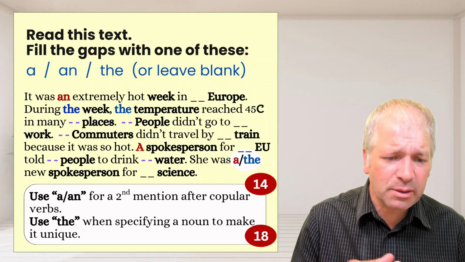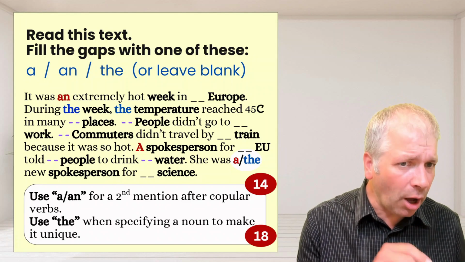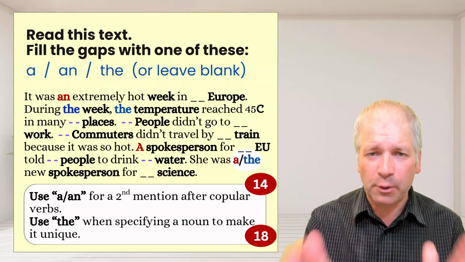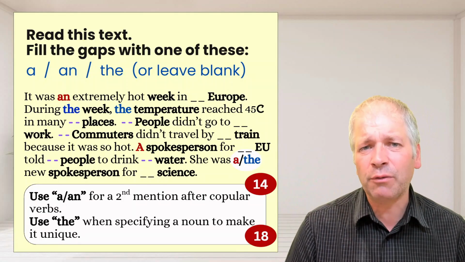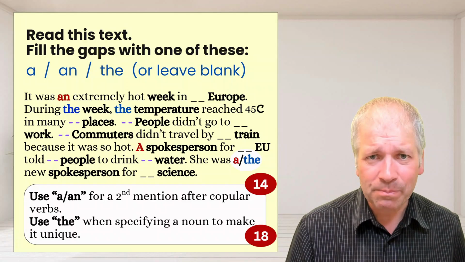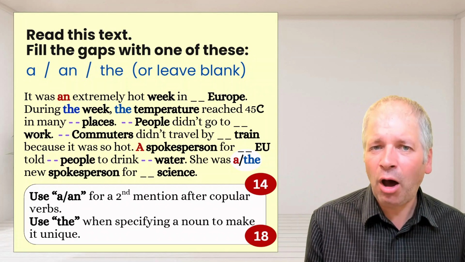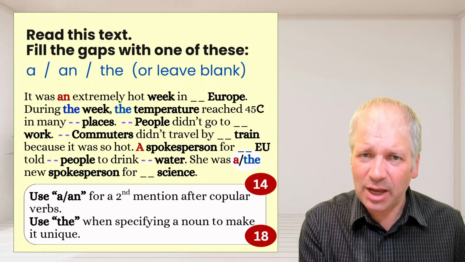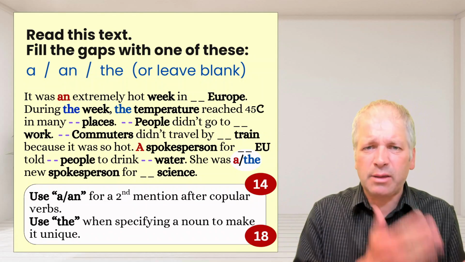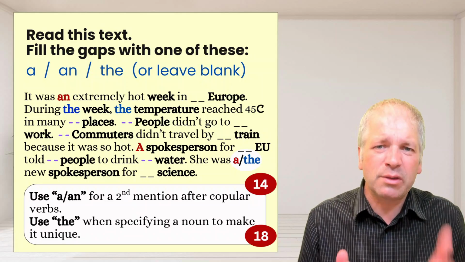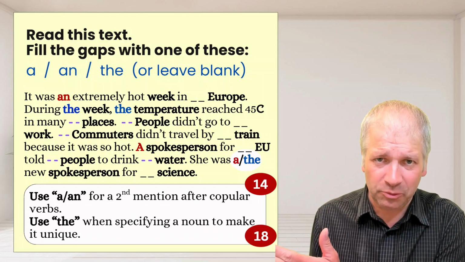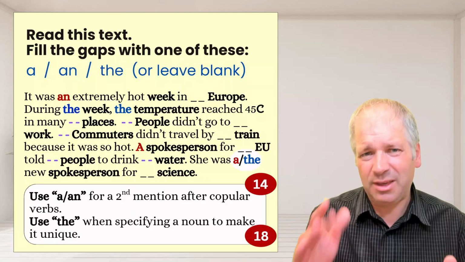Because it's the second mention, but after a copular verb. So usually with the second mention of an article, we use the. But if it's a copular verb and where the noun afterwards describes the subject, rather than a standard subject-verb-object structure where the subject does something to the object, in the copular form it's the other way around.